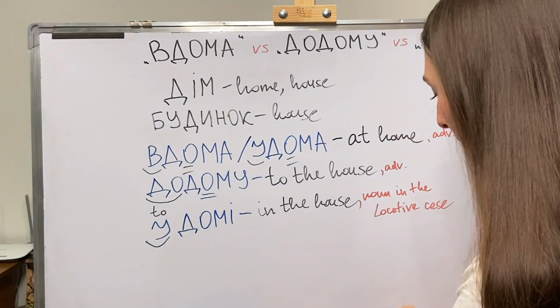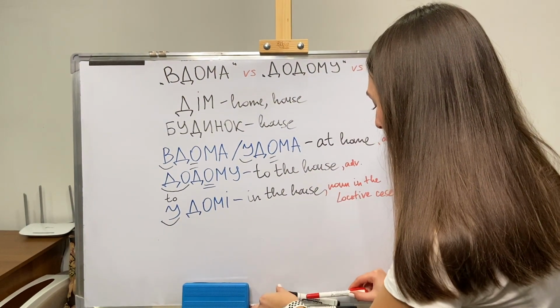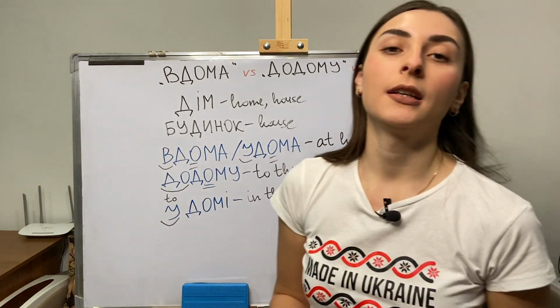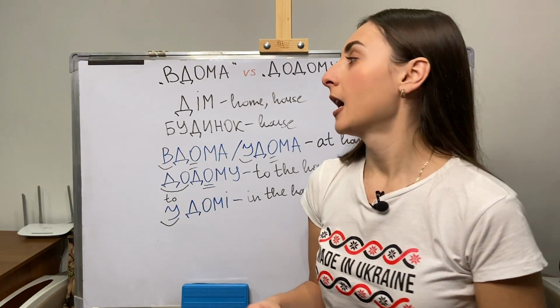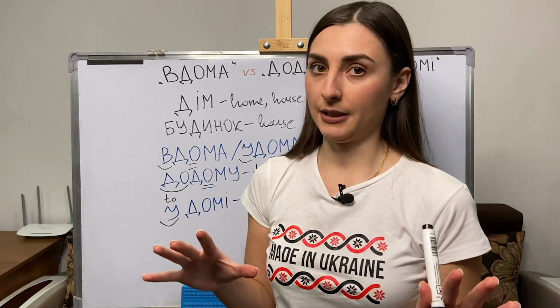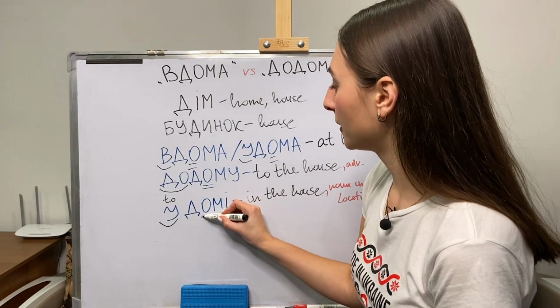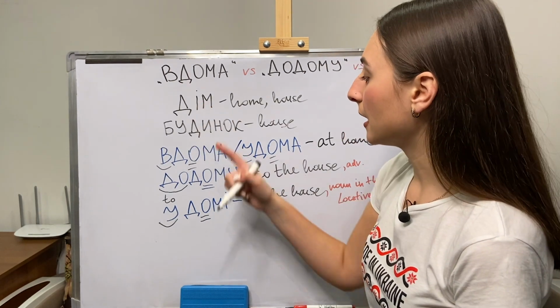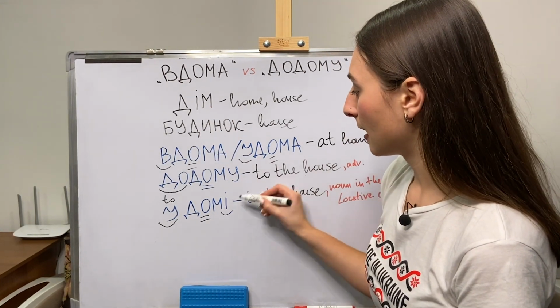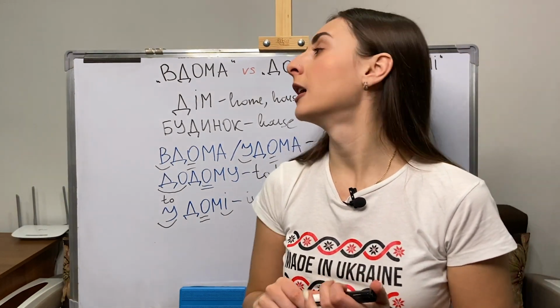So we have a rule that in the locative case, sometimes in some words, we do the changing of the vowels in the stem, and actually that we did here. We change І into О, and і is the ending for the masculine gender noun дім in the locative case.